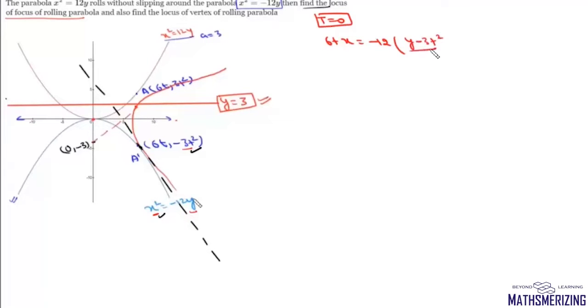3t square upon 2. So now here 6 and 6 will cancel. We can write this equation as tx minus y plus 3t square. So equation of this tangent, which is T equals to 0, is given by tx plus y minus 3t square equals 0.